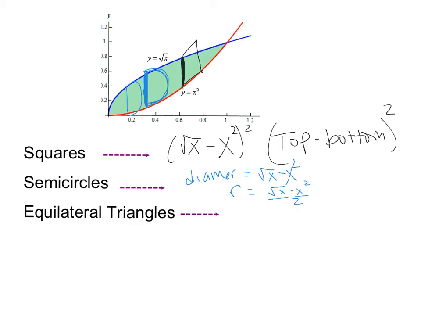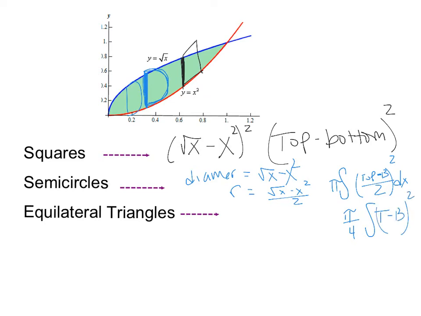So now here's the thing. When we integrate that, it would be the integral of pi r squared. So top minus bottom all over 2, squared. So 2 squared is 4, so you end up getting pi over 4 on the outside. And then the integral of top minus bottom squared.